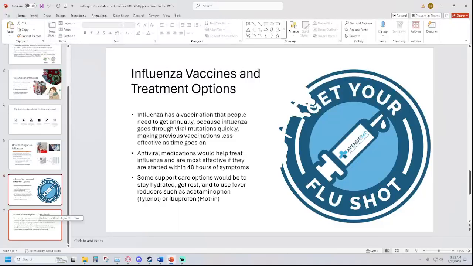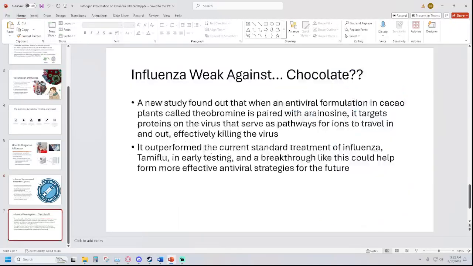Now let me talk about the advancement in influenza treatment that I found really cool. A new study found that when an antiviral formulation in cacao plants called theobromine is paired with irinosine, which is a synthetic compound that interferes with the ability of cells to repair themselves, it targets proteins on the virus that serve as pathways for ions to travel in and out, which effectively kills the virus.